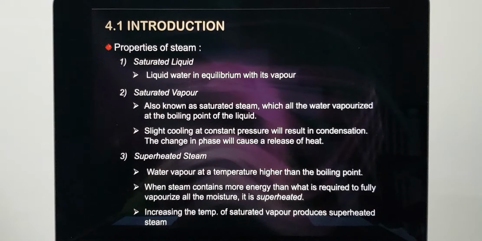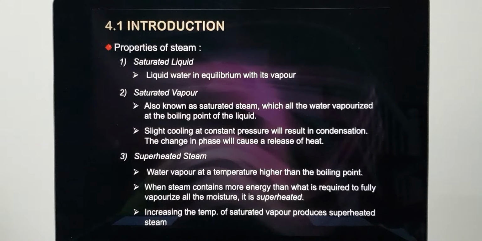The second property is known as saturated vapor. Saturated vapor is also known as saturated steam, whereby all the water will vaporize at the boiling point of the liquid. The boiling point of the liquid depends on the type of liquid.